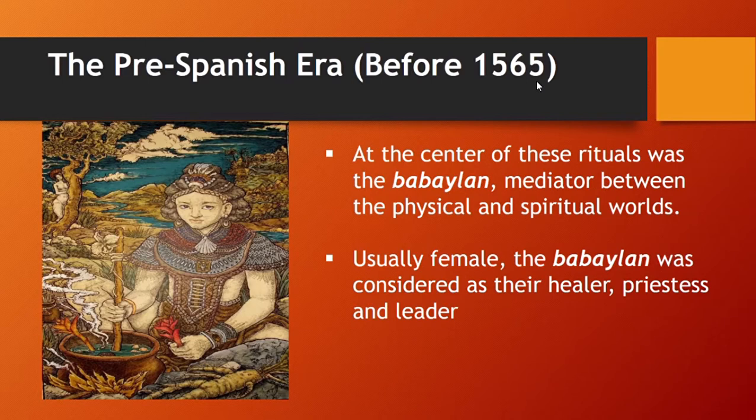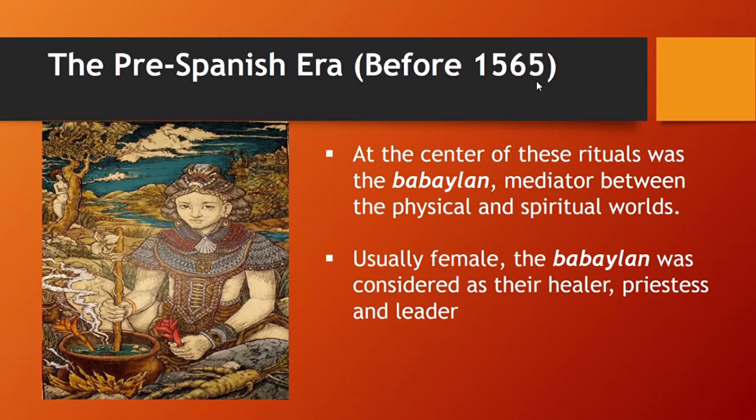And long time ago, a male babaylan would look like a female also. So even in those times, there was also gender. They had gender preference. Usually female, the babaylan was considered as the healer, the priestess, and the leader.